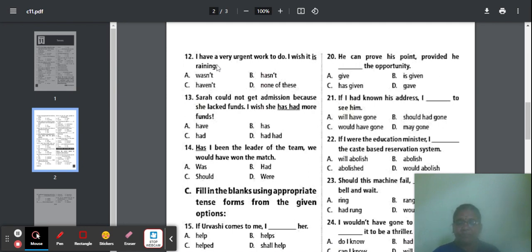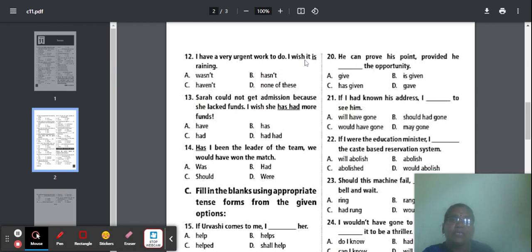First one, I had a very urgent work to do. I wish it is raining. So, what will be the answer? Check, my dear. So, here, have. Have means, you know that, present perfect. I have a very urgent work to do.